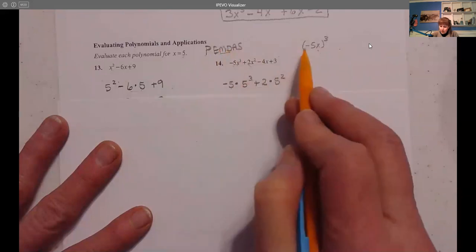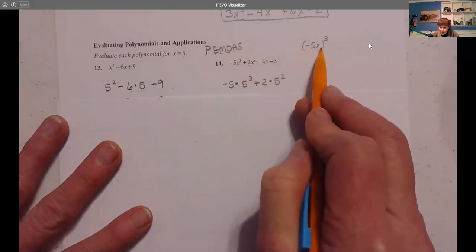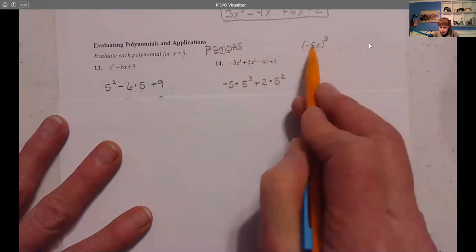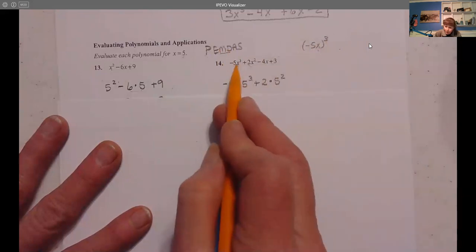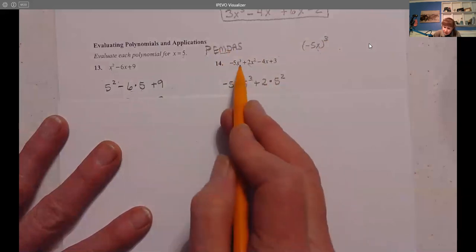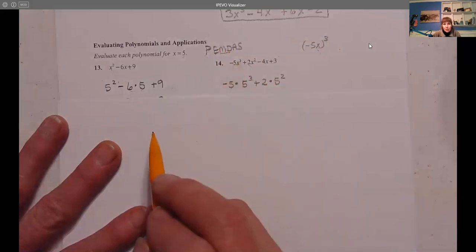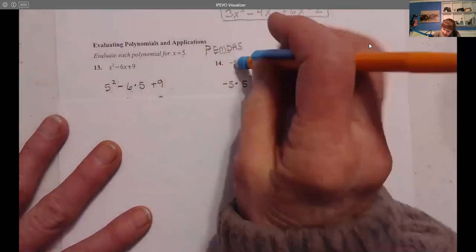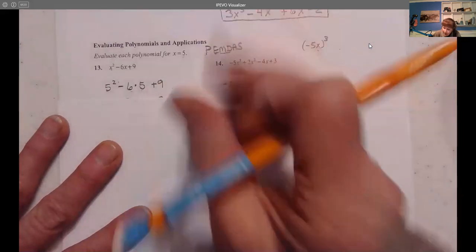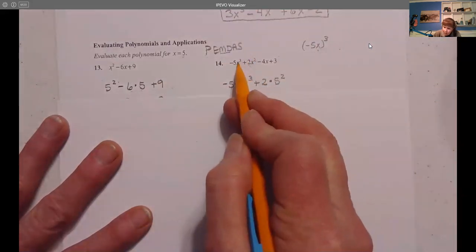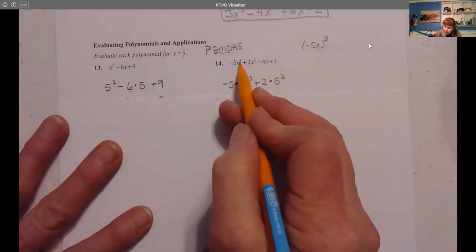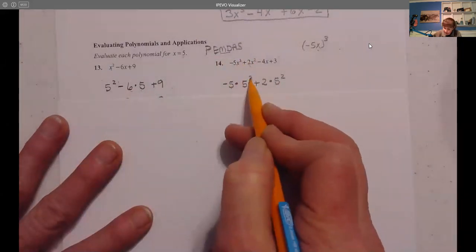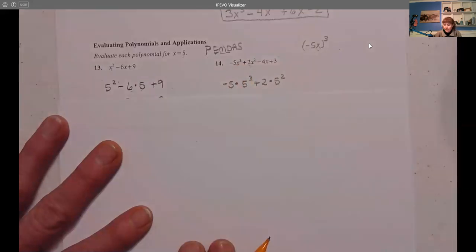So again, you have to have parentheses if you're going to multiply before you cube. Here there are no parentheses. It's just the x that's being cubed. And we kind of talked about it when we had that 0 power too, because it would just become a 1, but the negative 5 would stay. Here you would cube and then multiply.